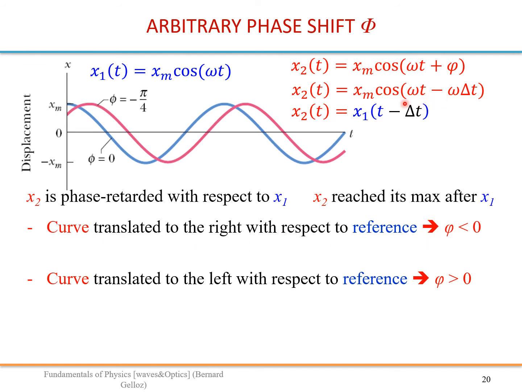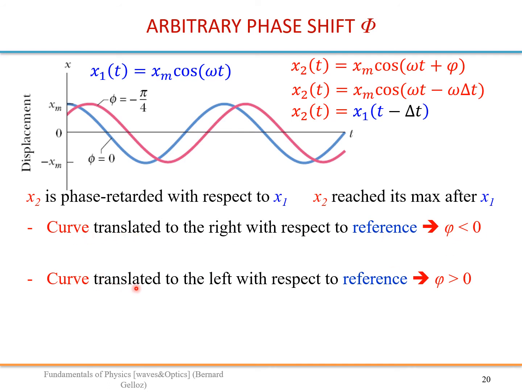Okay, so this comes from mathematics. The fact that you have to add, in fact, a minus, so phi is negative, it's minus pi over 4. So when you have a shift of your function to the right, you must add a negative phase shift.